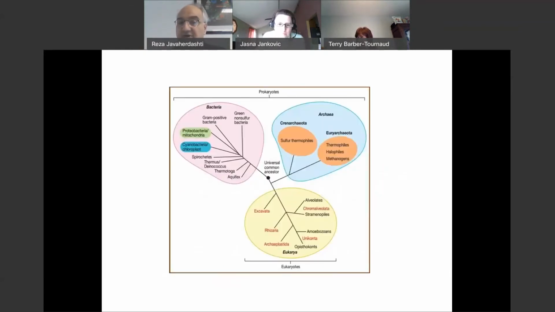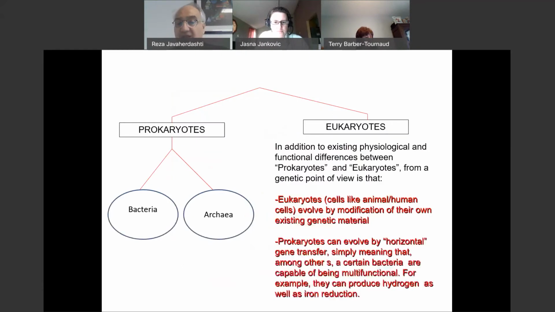Life, as we know, can be divided into 3 kingdoms. Bacteria and their cousins, archaea, are basically prokaryotes that, from a corrosion engineering point of view, most of the time cause a lot of problems for us.